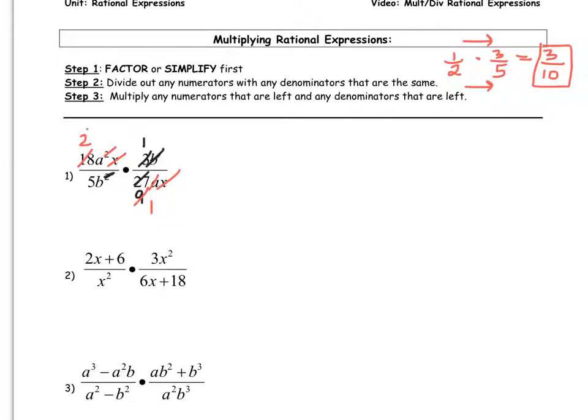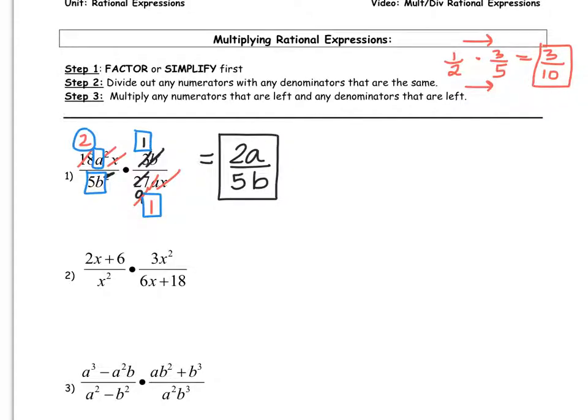I have a 2 on top, an a on top, and a 1 from this expression. So if I multiply straight across now, 2 times a times 1 is nothing other than 2a. And now on the bottom, what am I left with? 5b times 1. So all I'm left with is 5b. So this would be the final answer.